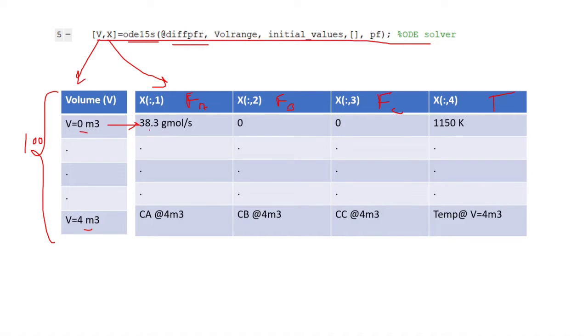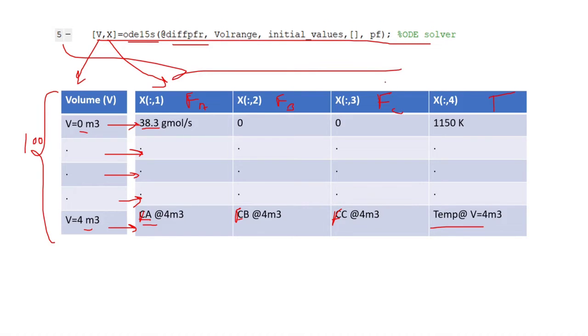At V equals 0 we have 38.3 gram mole per second, and similarly we will be plotting like this and obtaining our final values for flow rate of A at 4 meter cube, flow rate of B at 4 meter cube, flow rate of C at 4 meter cube, and temperature at 4 meter cube. So that's what we are obtaining from line 5 of the code.